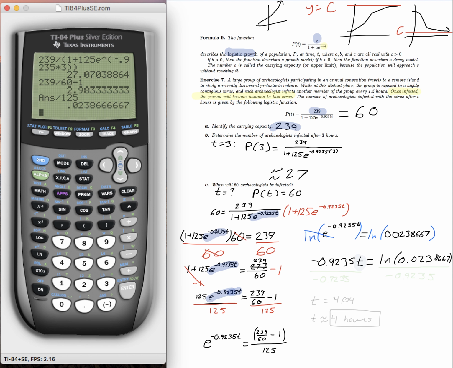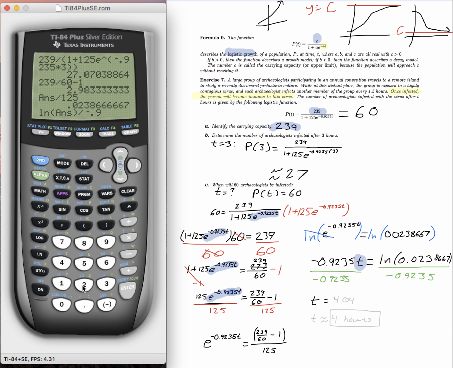And finally, we're just about there. We can solve for t at this point by dividing by everything that's not t. That means negative 0.9235. So our exact answer for t, or pretty close to an exact answer, is the ln of 0.0238667 over negative 0.9235.